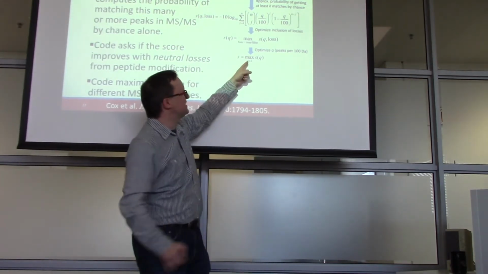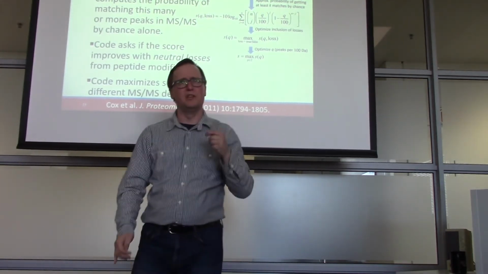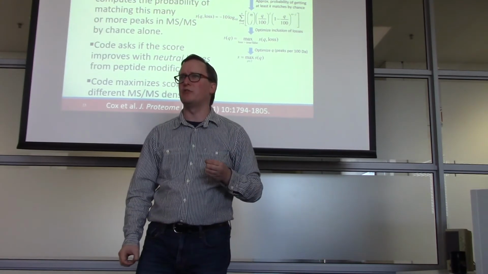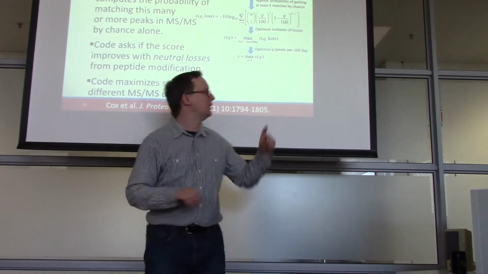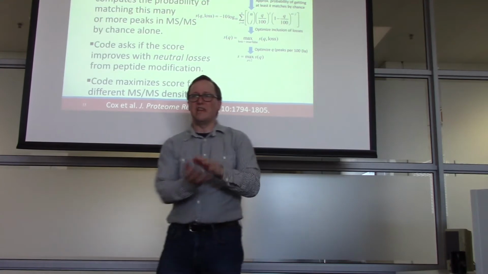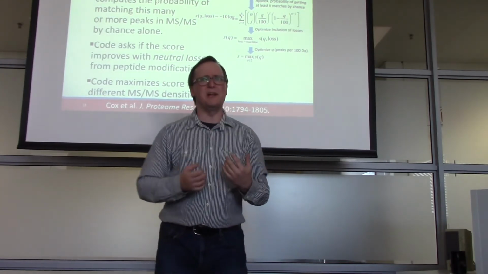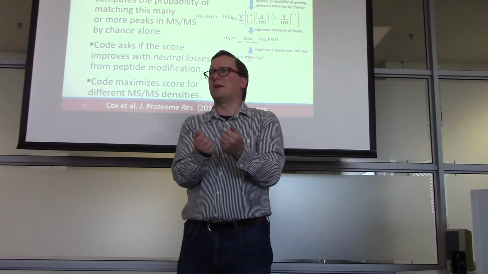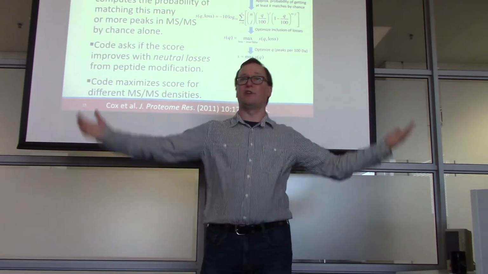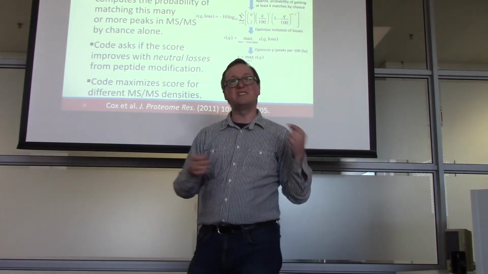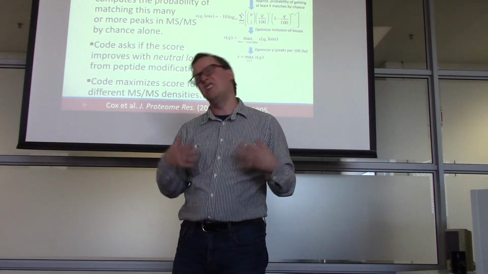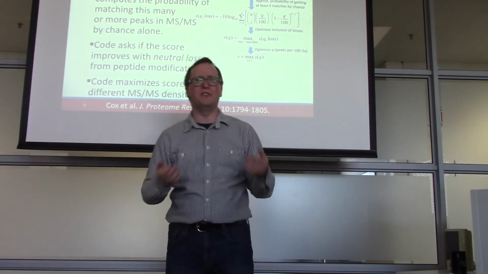The other thing that it does, and this is sort of a squirrely thing that it has in common with an algorithm called Mascot that's been around for forever, is it optimizes how many peaks are called peaks. That might seem a little strange, right? If you observe something in a tandem mass spectrum, you might think, well, obviously it's been observed, therefore it's real. But in fact, there is some amount of chemical noise and some amount of physical noise that we have in these spectra.